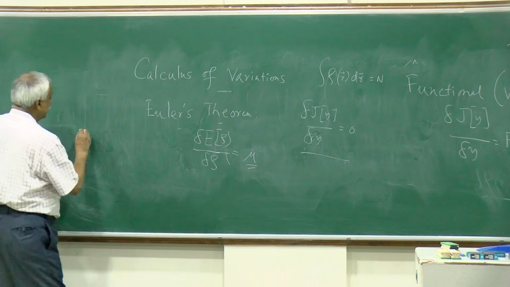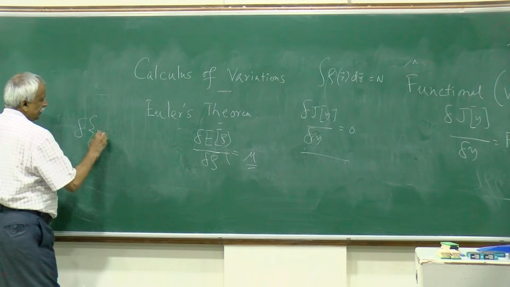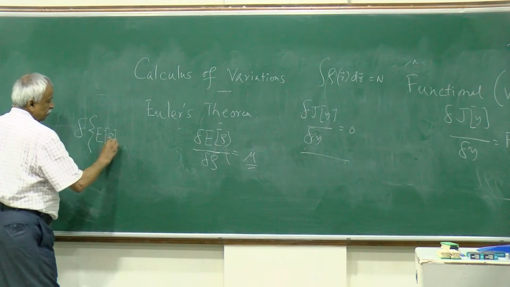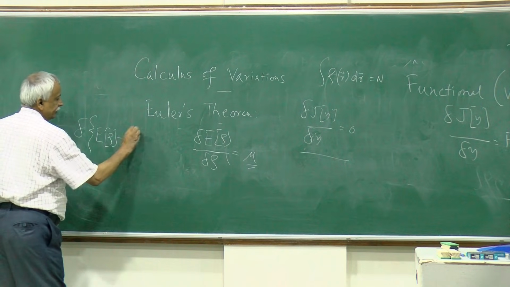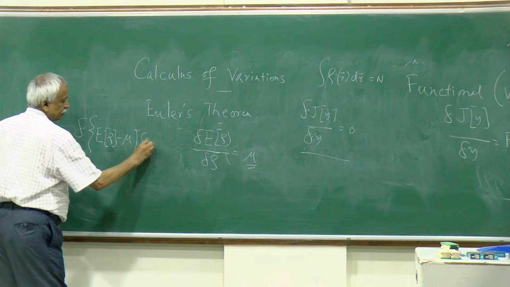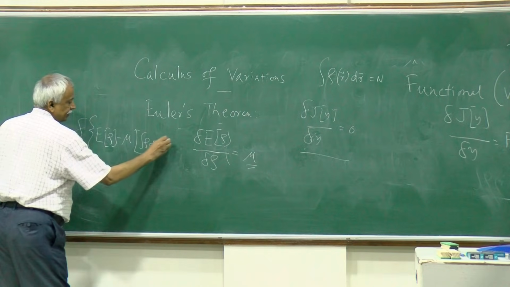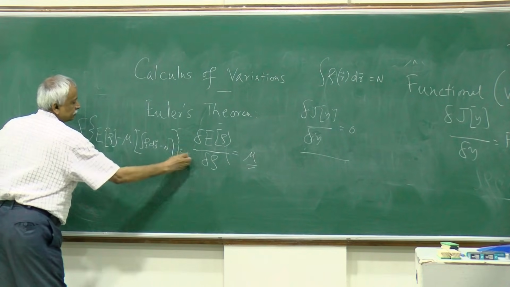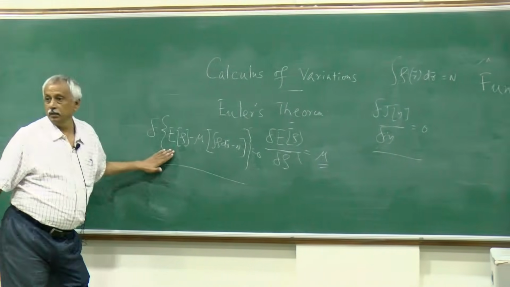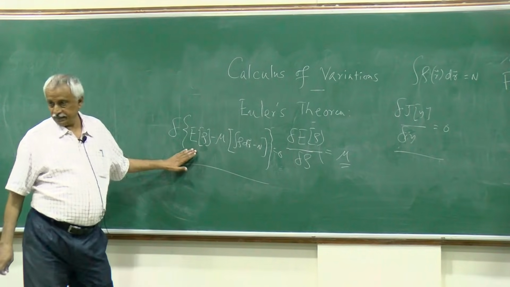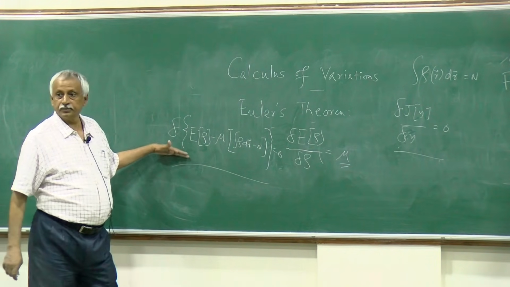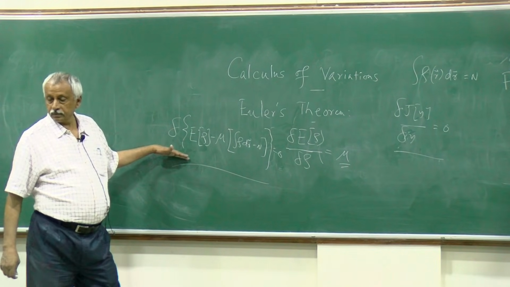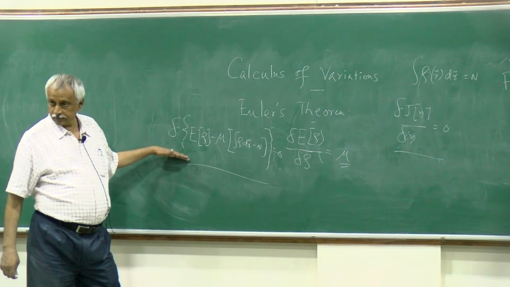Where from am I getting it? Delta of E[rho] minus mu times the integral of rho dr minus N, this should be 0. This Euler condition gives me that the functional derivative is 0.